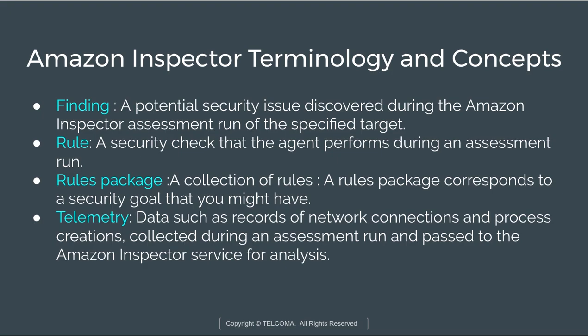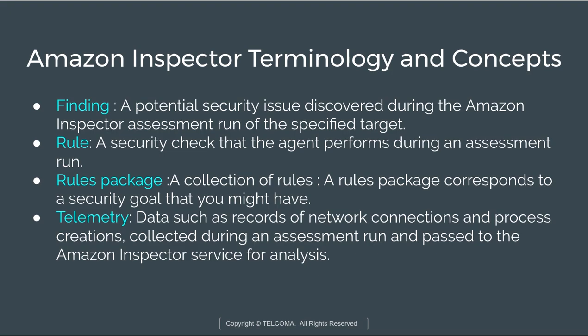We have some more concepts, like findings. A finding is a security issue that is discovered by the inspector. Whatever issue the inspector discovers, we call it a finding. A rule is a security check that the agent performs during the run process.